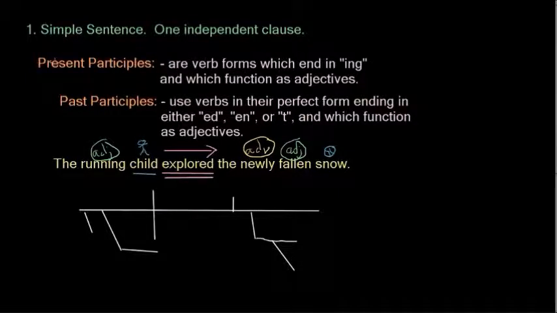Okay, so let's see, what do we have here? We have our subject is child. Our verb is explored. And our direct object, since this is an action verb, we explored what? Snow.